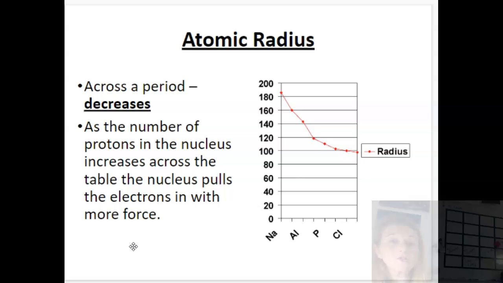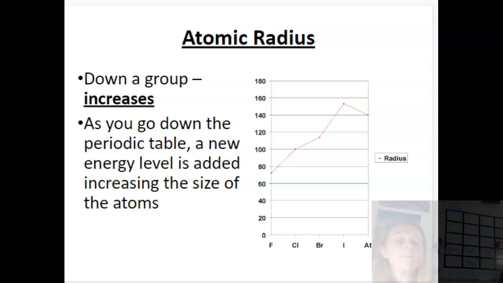The electrons are attracted to the protons in the nucleus. So the more protons there are, the stronger the pull on those electrons, and the electrons come closer and closer to the nucleus. So as we go across the periodic table, we see a decrease in the size of the atom.